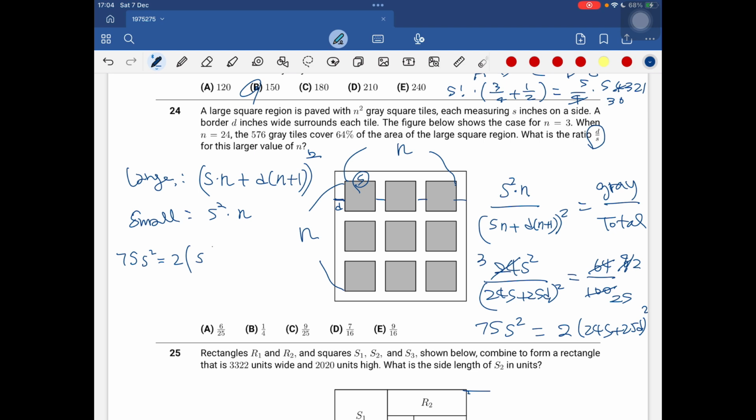So let's factor the right side with s: 24 plus 25 d over s, squared.